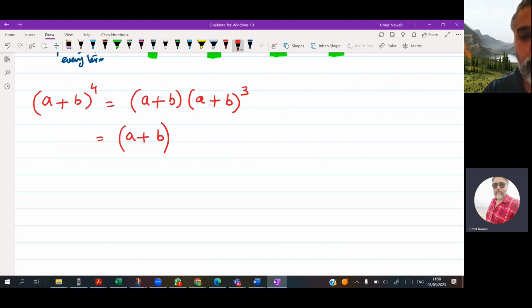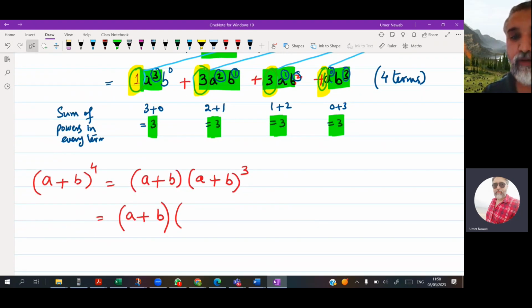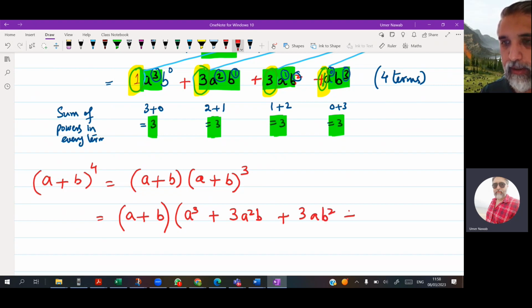A plus b will be written as it is, and a plus b whole power 3, which was already found in the previous expansion. Let me copy it. A cubed plus 3a squared b plus 3ab squared plus b power 3.